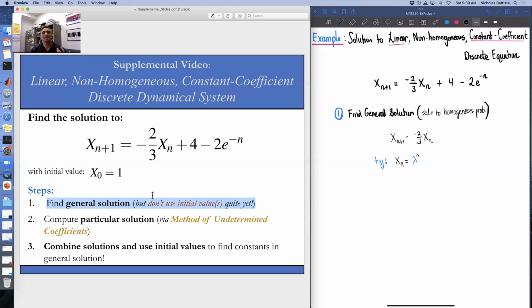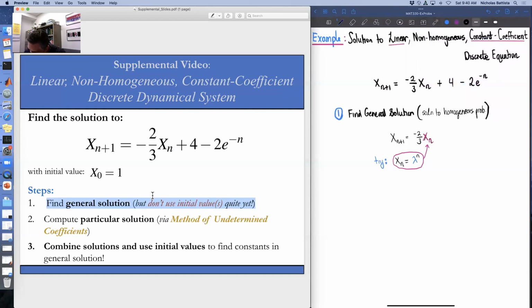So what we're going to do is take that solution guess and substitute it into our equation. For example, in a moment, we will take this lambda to the n and substitute into the xn in our equation here. Now you might be wondering, how do we handle this xn plus 1 on the left-hand side?